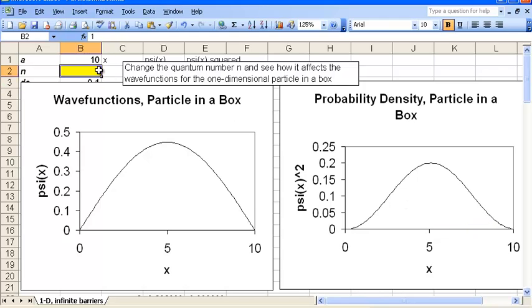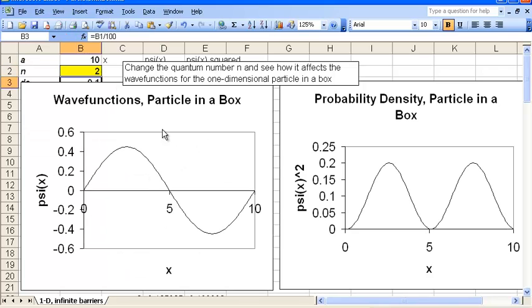Let's look at the n equal 2 state. All right, again, it's most probable at either 25 or 75, or in this case 2.5 or 7.5, and there's 0 probability there. Again, not what you expect classically. Classically, you'd have just constant probability all the way across.